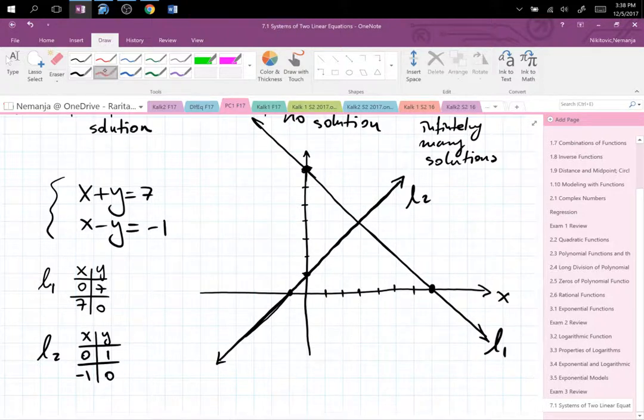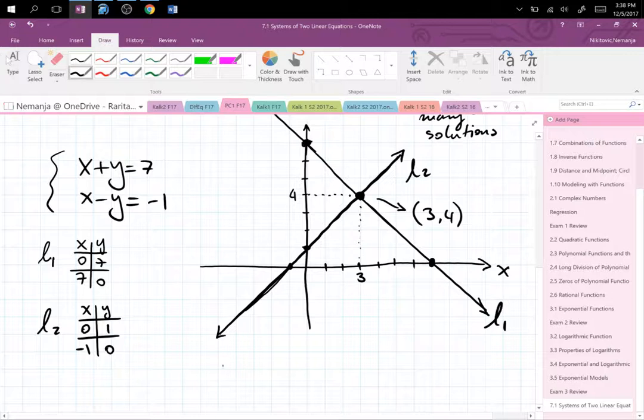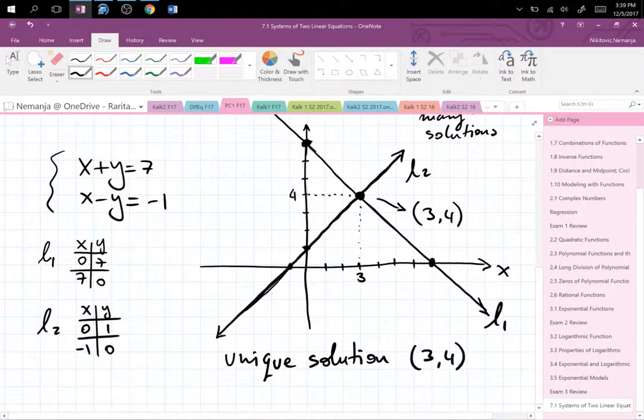If you did this with enough dose of OCD, what you get there is the solution, which you can read as 3 and 4. So we get unique solution 3, 4.